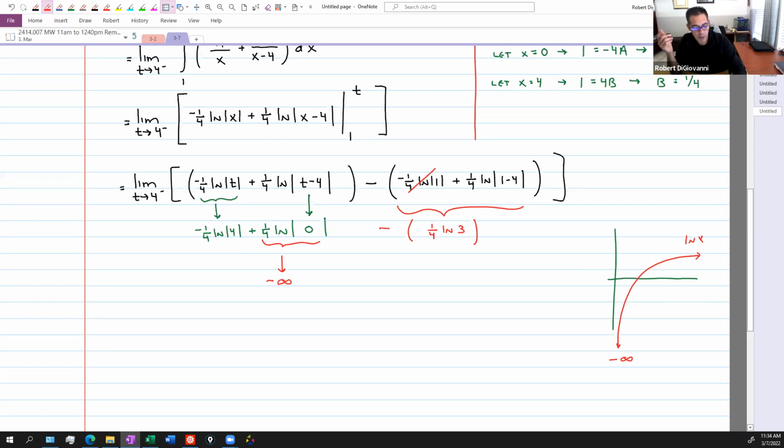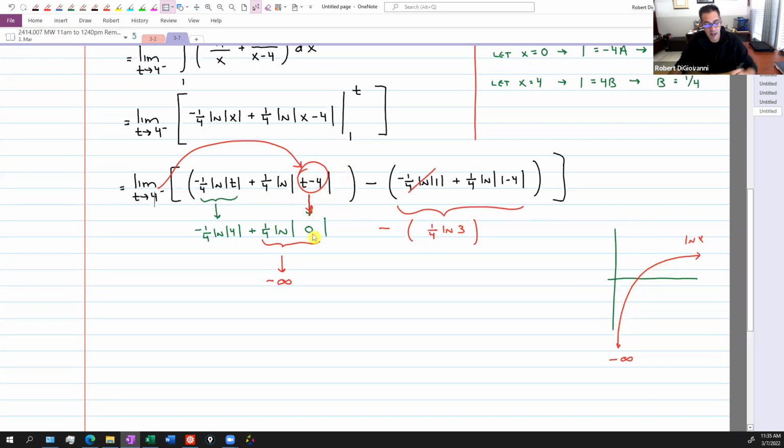You have to remember, I'm letting t approach 4, so I'm not saying that this becomes 0. I'm just saying it's getting closer to 0. And it's always positive because I have an absolute value, which is why we're approaching from the right side.